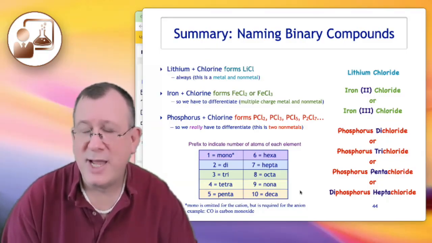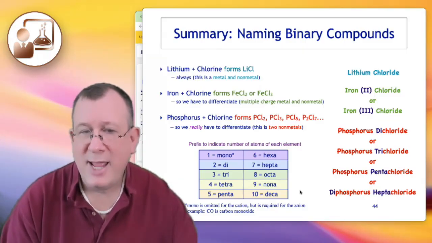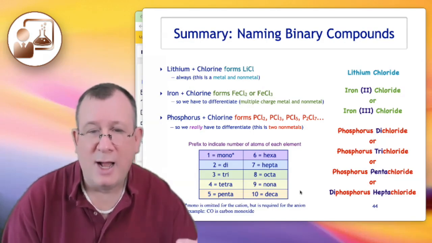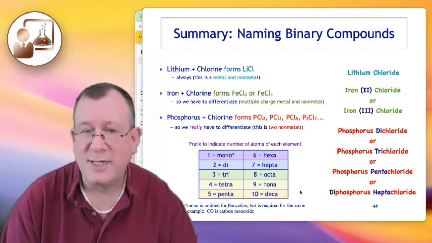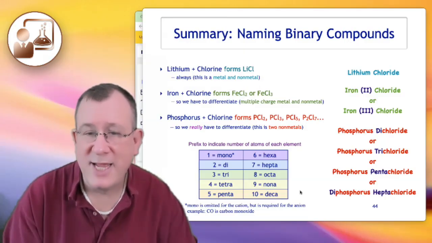The way I do that is I use the prefixes that you're probably already familiar with from geometry. Mono and di mean 1 and 2, but then after that it's tri like triangle, pent like pentagon, hex like hexagon, oct like octahedral. The prefixes that you're familiar with from geometry, you use those to specify the atom count.